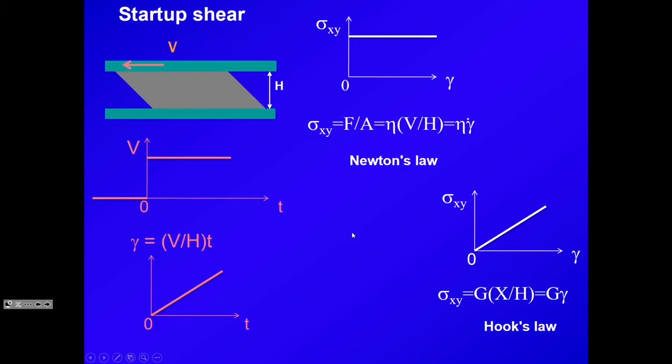Well, what does this say? If you go to your lab and you find your stress starts from zero, then you can go ahead and tell every friend of yours, you know what? The stress response is not flow-like. Stress is zero means it's Hookean-like. And therefore, your response is solid-like. The fact that your stress starts from zero is proof that your material is responding solid-like.